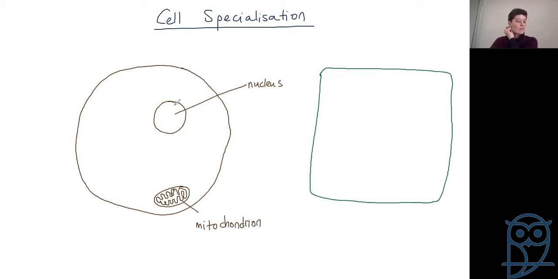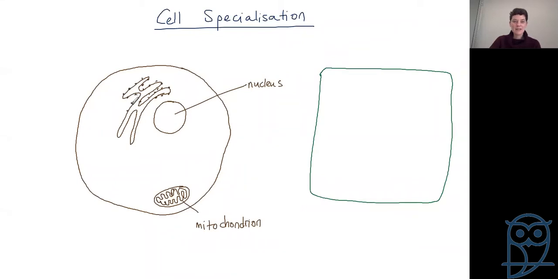Okay, what else do we have in animal cells? We have rough endoplasmic reticulum. So that we draw something like this. And we don't want to draw too much of it because rough endoplasmic reticulum has a whole lot of dots on the outside. And those dots are important because those dots are ribosomes. It wouldn't be rough endoplasmic reticulum if it didn't have them.